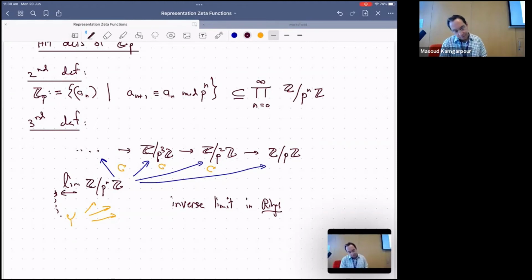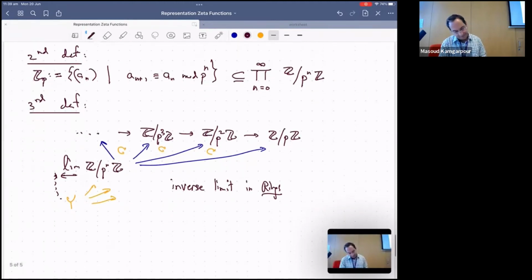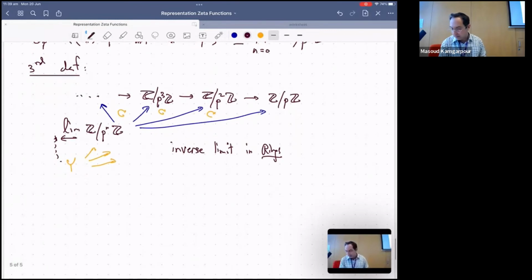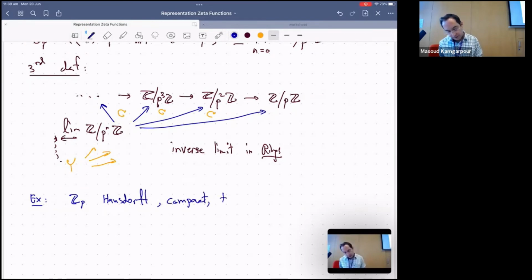After you get used to it, here's another exercise that's also in your worksheet. You can show that Z_p is Hausdorff, compact, totally disconnected.